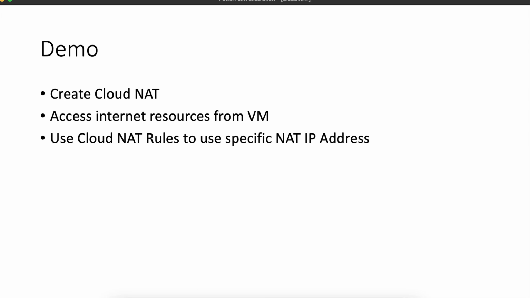And then we will look at the scenario where we want to use a specific IP address for a NAT instance, and I will explain why you may want to do that at some point, but it's a scenario just to showcase some of the capabilities or things you can do with the NAT.